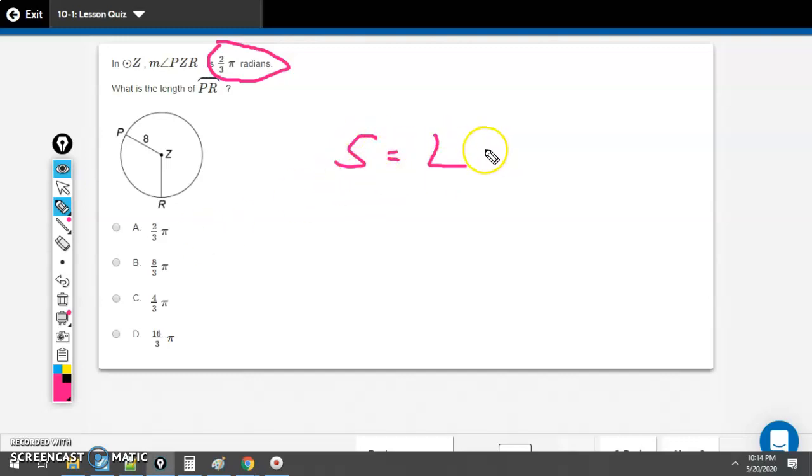It kind of boggles the mind. But the length is equal to theta, where theta is the angle, times the radius. All right, so it is 2/3 pi, that's theta. Now what's the radius? Times 8. So hopefully you can figure out which one is the right answer.